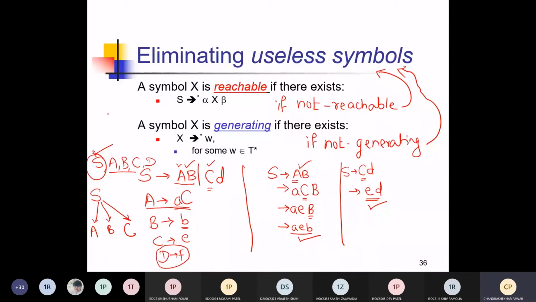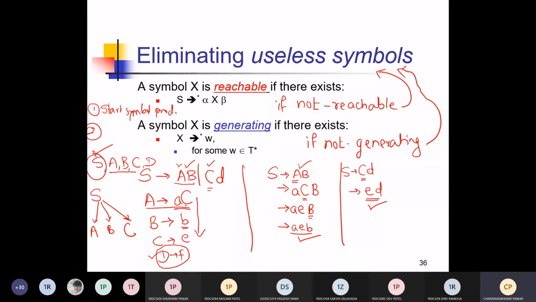First step, we are going to check within the start symbol production. If the non-terminal is not appearing in the start symbol production, then we have to move towards step number 2. We have to check whether this non-terminal D is appearing in the production of any other non-terminal.